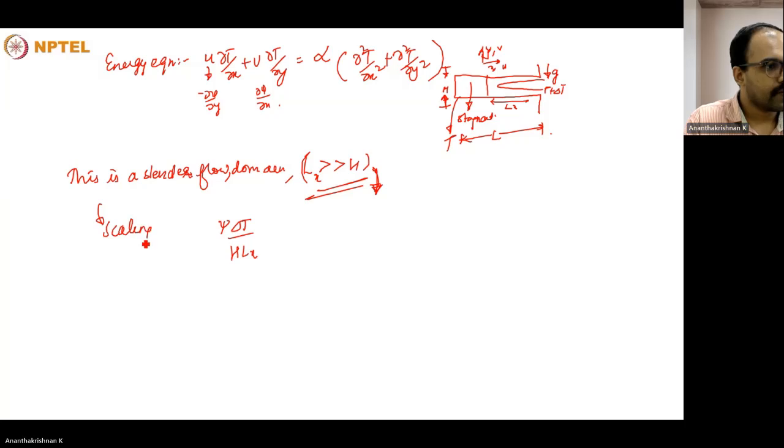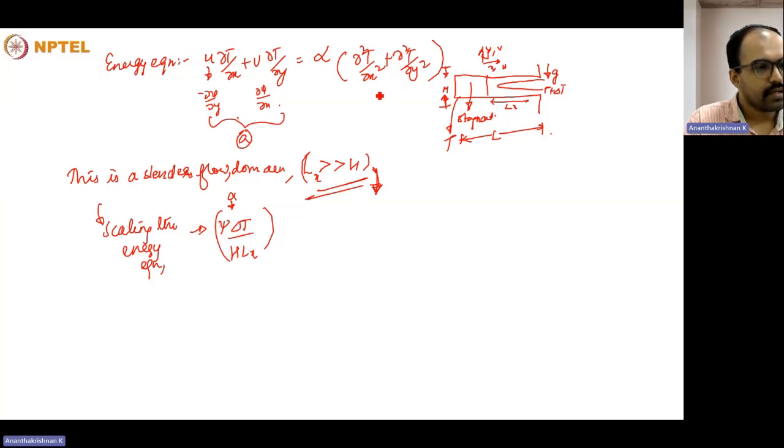Scaling the energy equation, we get psi into delta T divided by h Lx on the left side.